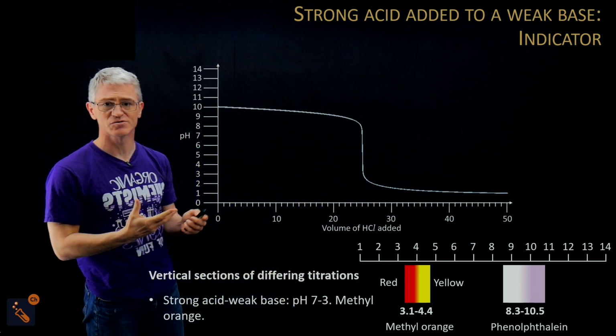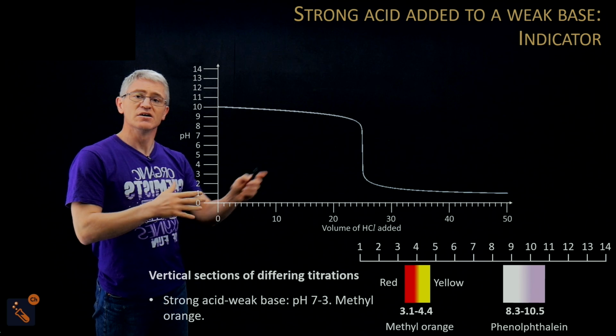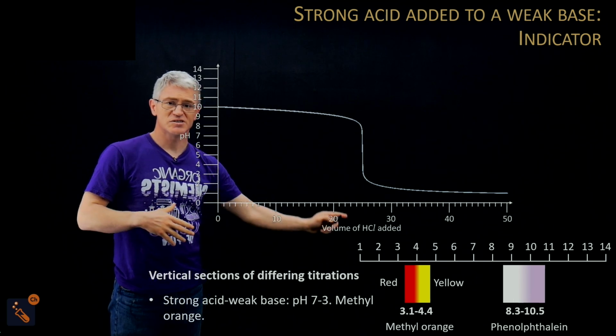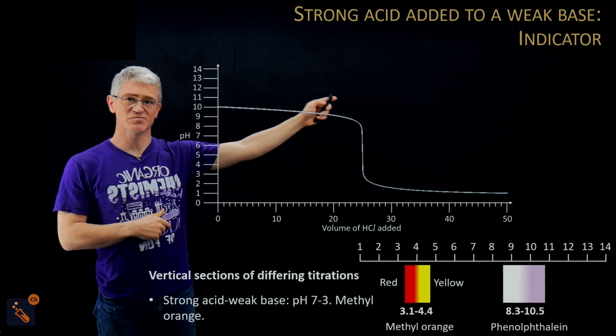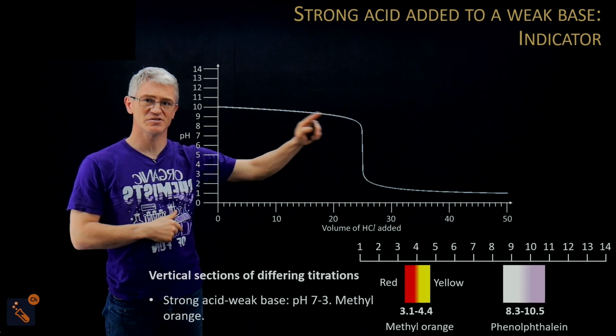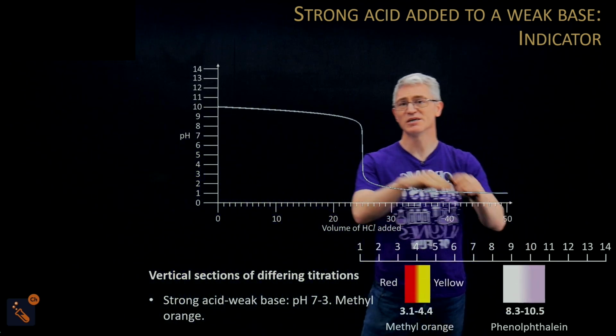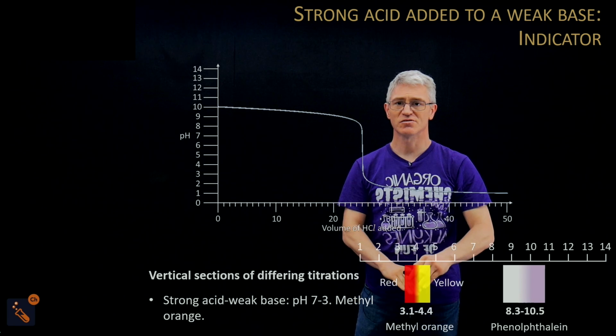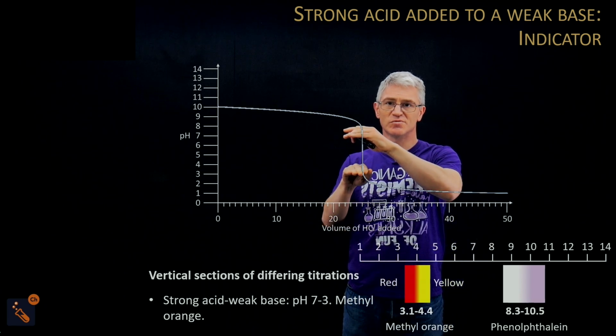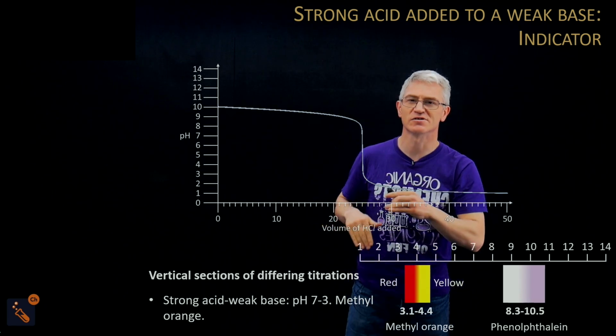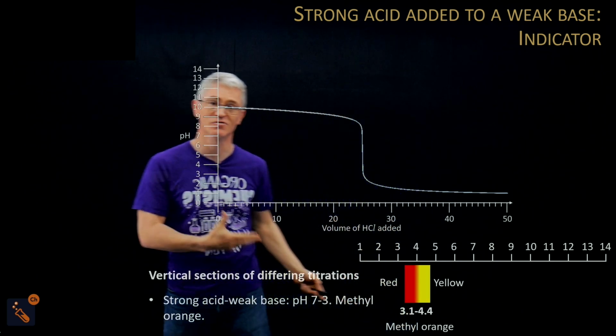We look at the vertical section again, and we see which one fits. Well, the 10.5 is about here, so it's all on this bend. It covers this bend. We need this range that you're given here to be in the vertical section. So 3.1 to 4.4 is right bang in the vertical section. So we're going to use methyl orange for this.